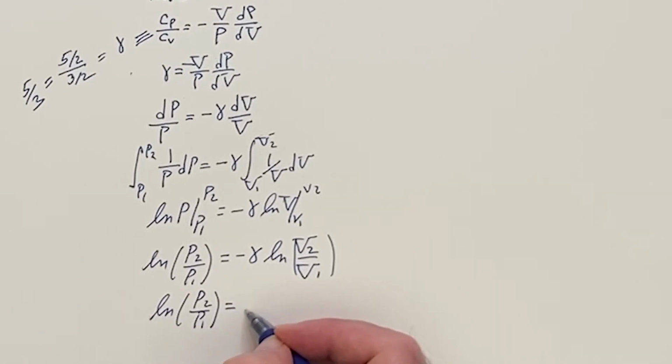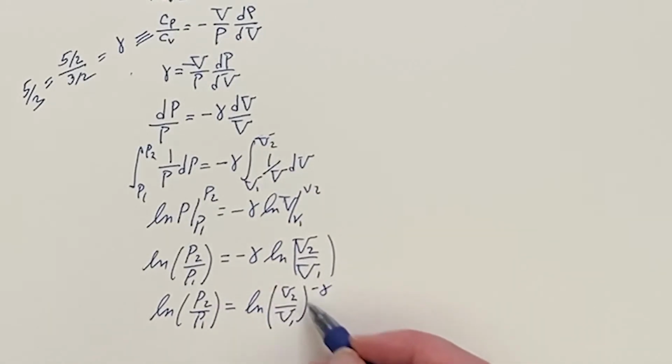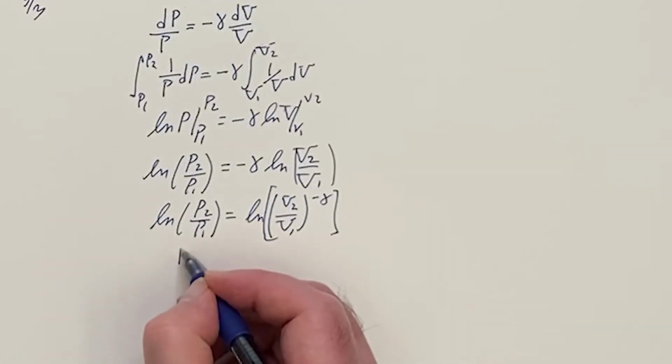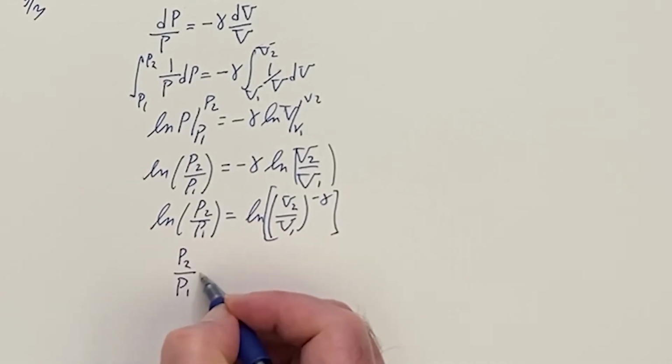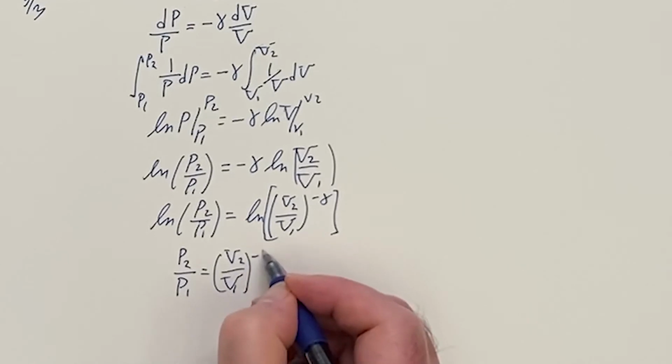We can put the log here with the minus gamma, because when you take the log of this thing, you pull that minus gamma down and have the log of the rest of the stuff. So that means that P2 over P1 is V2 over V1 to the minus gamma.